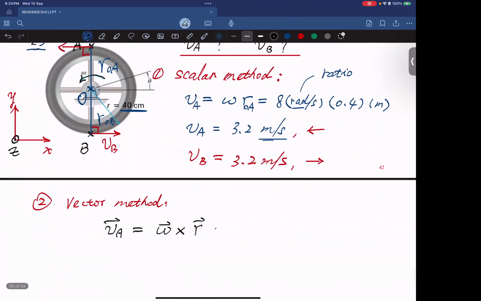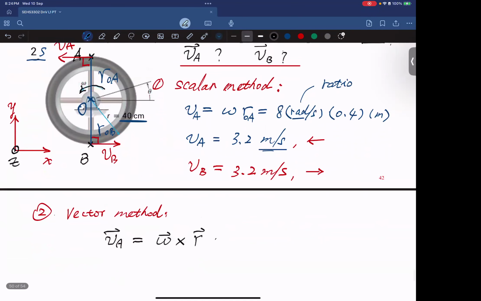So recall the scalar method. We know the formula is in this way, right? It is omega times R, a multiplication between 2 numbers. But if we want to calculate with both magnitude and direction, we need to use vector. And omega becomes vector omega. ROA becomes a vector ROA.